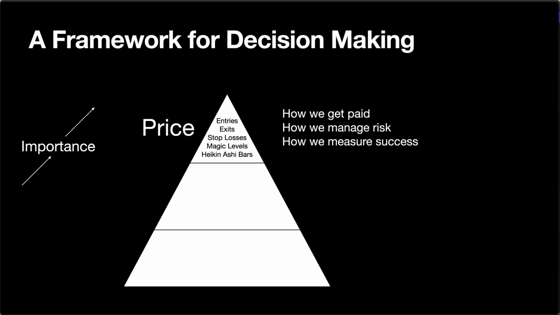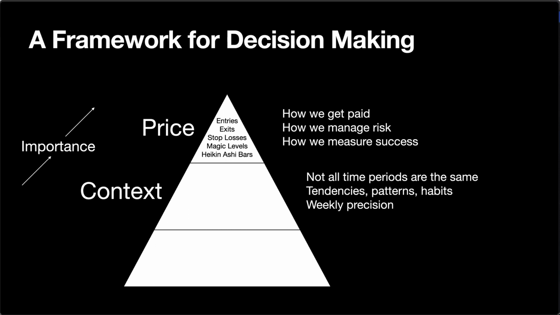So this is where things like setting stop losses at intelligent levels can help, and magic levels can certainly help identify prices at which a good stop would make sense, as well as using things like Heikin-Ashi bars to try to smooth out the trends and make it easier to see the trend that price is having.